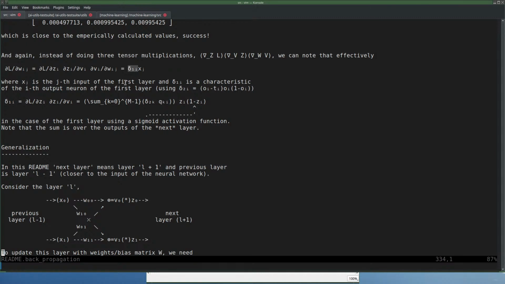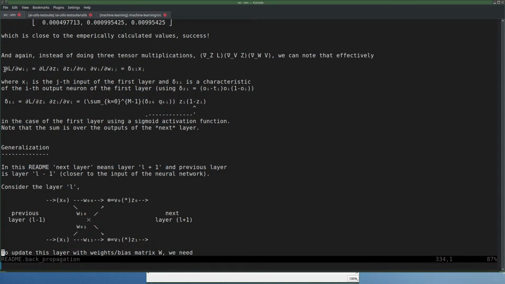It's a row vector. If you multiply this row vector with a column vector, then you get the gradient matrix. But I don't think I need a delta.